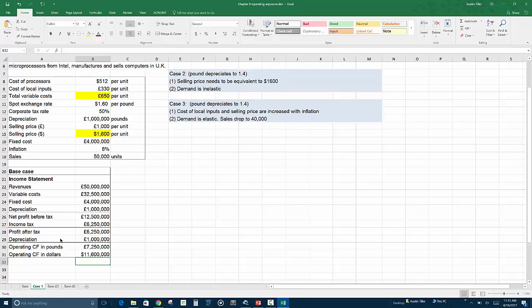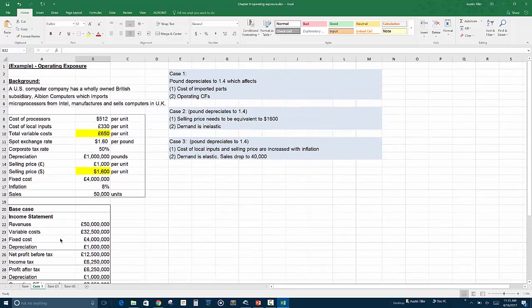In case number 1, when the pound depreciates to 1.4, the cost of the processor will increase in terms of pound, because the pound is cheaper now. And that will affect the operating cash flow. Then there is the conversion effect: when we convert from pound to dollar, when the pound depreciates, we get back less in terms of dollar.